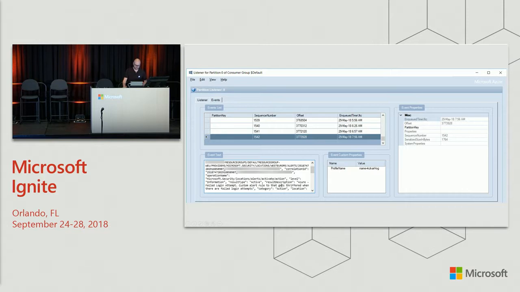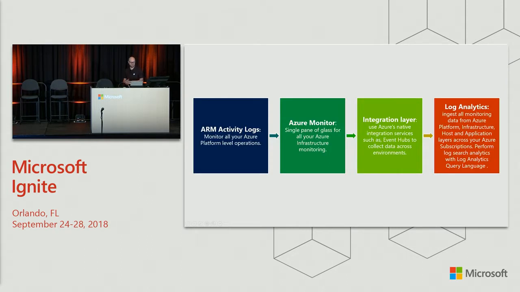All right, so getting back to this overall picture here. We have these different layers. Now we are horizontal. We used to be vertical, but we have these different layers of signals that are coming in: the activity logs, the monitors, the integration layers, the log analytics, all of those.